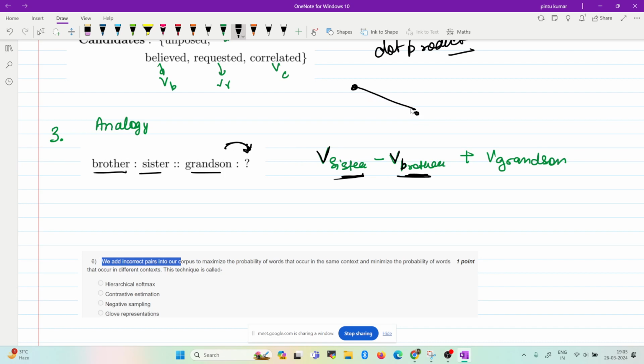The subtraction gives you a sort of direction in which you can reach from here to there. You keep that direction intact, and you add it to V of your grandson. Let's say this is grandson, then you are adding a similar amount in that direction. So you reach some vector V, and you find the corresponding word to this vector. There is a possibility that this point does not correspond to any word, so you will look at the nearest word possible to this vector. Let's say this is the nearest word representation of some word, and you will relate that to grandson.